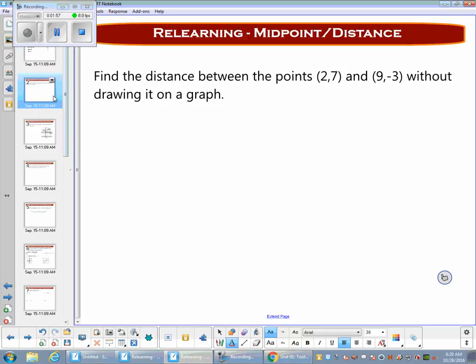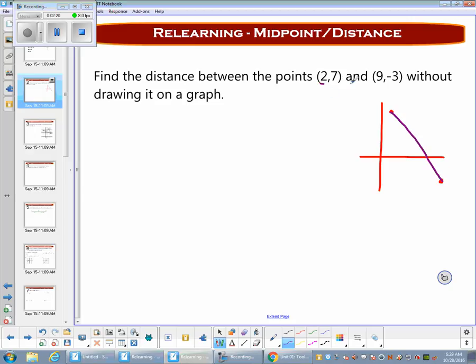All right. Now we want to find the distance between 2, 7 and 9, negative 3. Again, I'm going to make a quick sketch just so I have an idea what I'm talking about. So 2, 7, 9, negative 3. Draw this line.